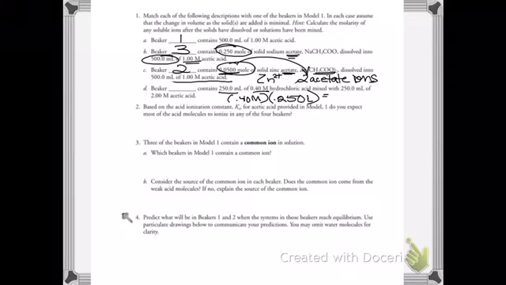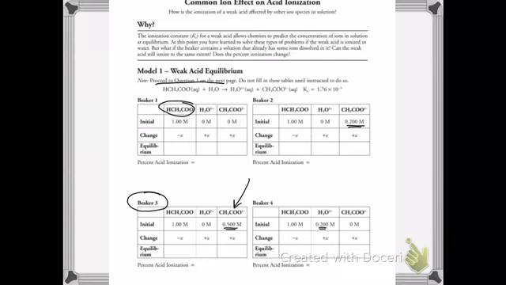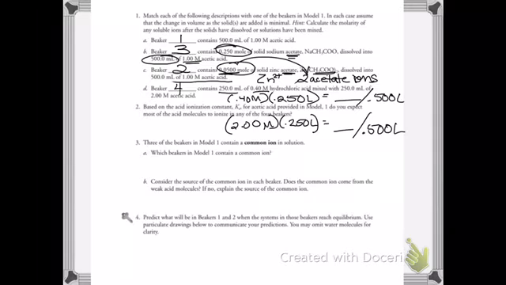Then I'd do the same thing to the other one: 2.00 molar acetic acid, multiplied by 0.250 liters to get the moles of acetic acid. Then both of these moles you're going to want to divide by the total volume. So 250 plus 250 is 500. So divide by 0.500 liters on both of these to get the concentration of both in solution. So that one has to be beaker number 4.